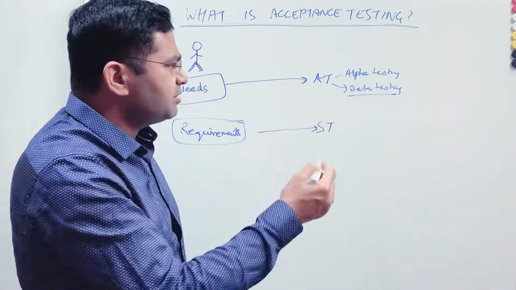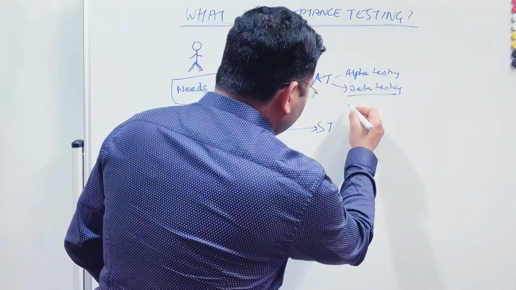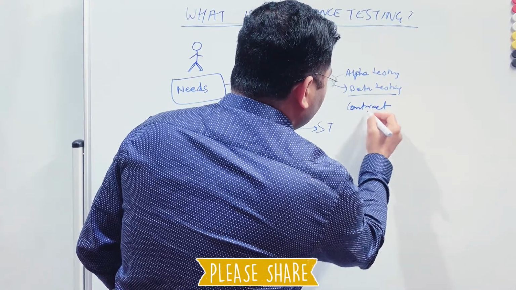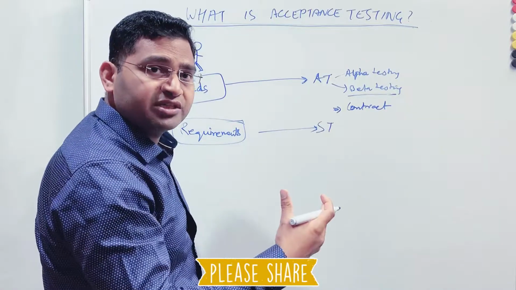Now there are many other types of acceptance testing. In acceptance testing, you verify if there is any contractual obligation, and you make sure that the contractual obligation is being met.